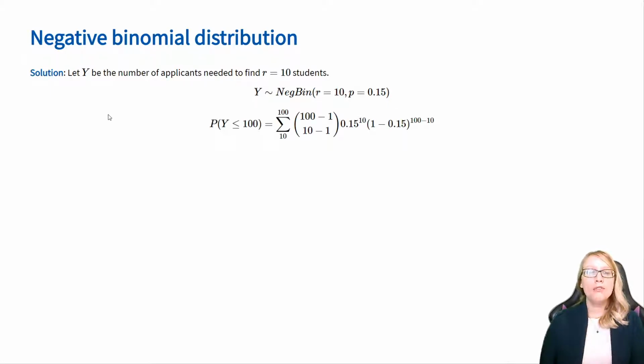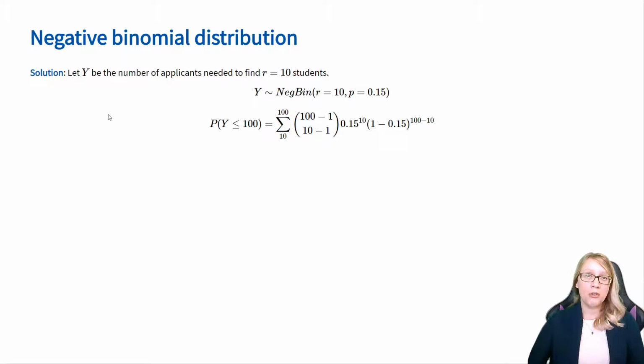So in order to find the probability that Y is less than or equal to 100, where does Y start? Well, the smallest number of applications that it will take to find our successes is r itself. So the lower value for Y in this situation is 10.